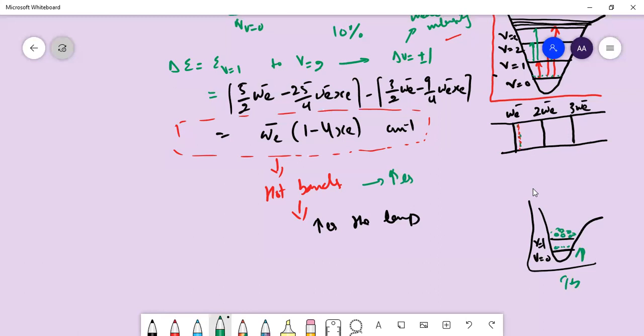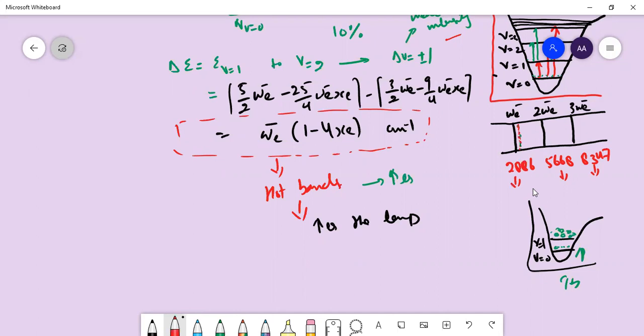Again, if we take the example of HCl, in the case of HCl we got 3 different peaks. One is around 2886, the second is 5668 centimeter inverse, and the third is 8347 centimeter inverse. This is due to the fundamental absorption, this is due to the first overtone, and this is due to the second overtone. So in the actual spectrum of HCl, we can get these many peaks.